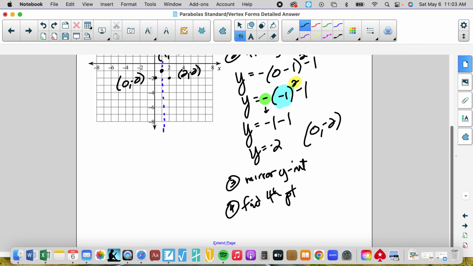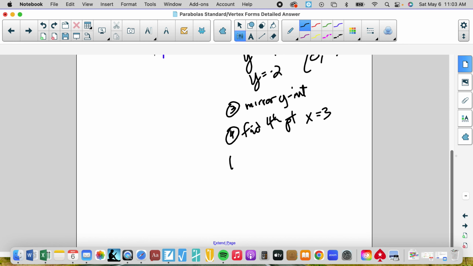So I have to pick a different x. I've used 0, 1, and 2. So I'm going to say x equals 3. Y equals the opposite of the quantity (3 minus 1) squared, minus 1. We get 3 minus 1 is 2.